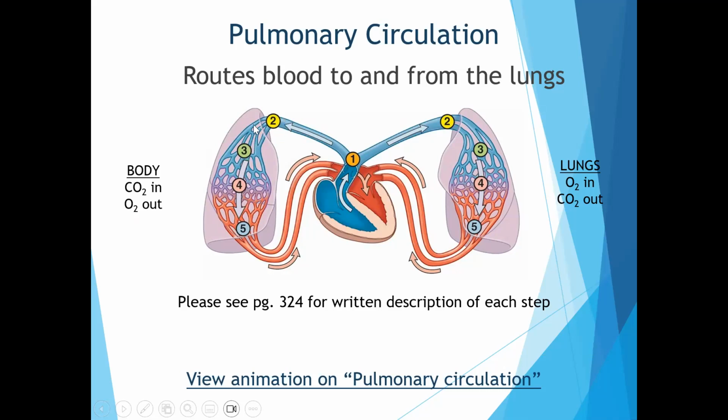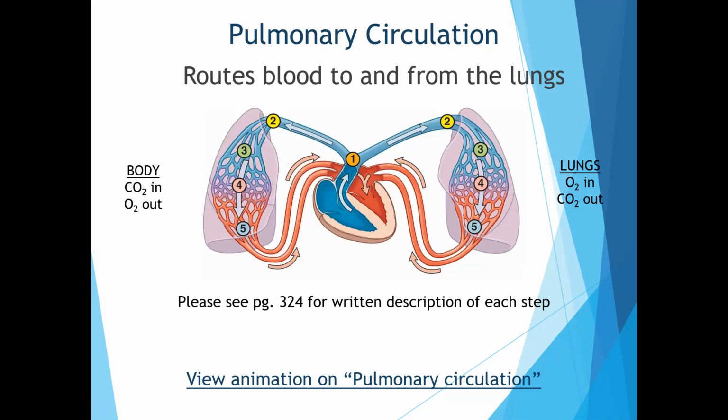We have the deoxygenated blood passing into the lungs, going through the capillary network here, and then we're going to get the oxygen supply, and then that's going to go back into the left side of the heart. Obviously, the left atrium receives that. It's going to go to the left ventricle, and then we're going to get that to pump out to the body.